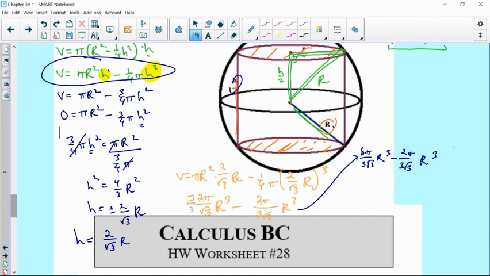Same denominator, although it's awkward. 6 pi minus 2 pi would be 4 pi over 3 root 3 R cubed. If that bothers you, rationalize it with root 3 over root 3. So you could say it's 4 root 3 pi over 9 times R cubed. Once you know how big the radius of your sphere is, this tells you how big that volume is.